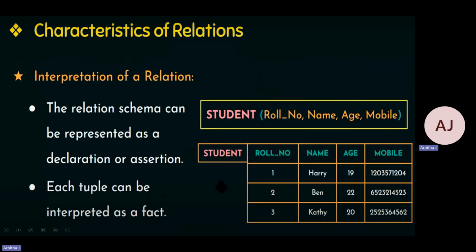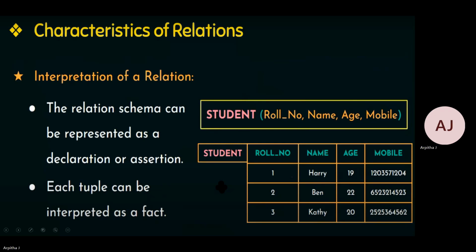When you just read student, name, roll number, mobile number, you understand it is a relation belonging to students, where you have to add the name, roll number, and mobile number of a particular student. So that is nothing but interpretation of a relation. You are trying to answer what type of data you are adding inside that particular relation.